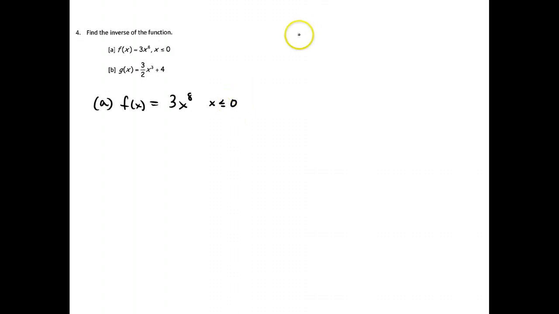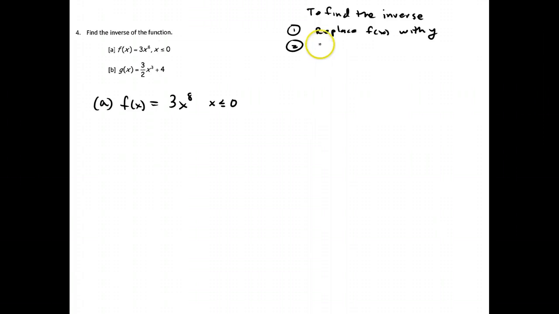Okay, and so to find the inverse, there are some steps you need to follow. First, you have to replace f of x with y, the variable y, the same thing, right? And then, steps 2 and 3 can be interchanged.